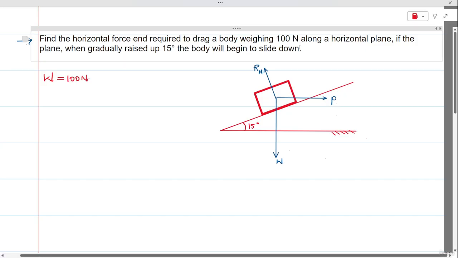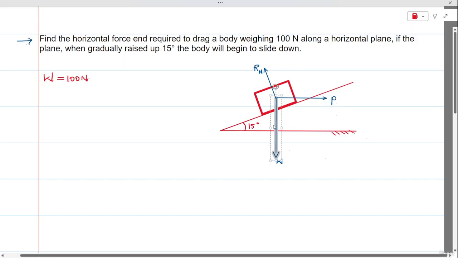So here, this would be the force W. Let me move this weight W over here, and next would be the force P. Next would be the force Rn, that is the normal reaction between the block and the inclined plane.